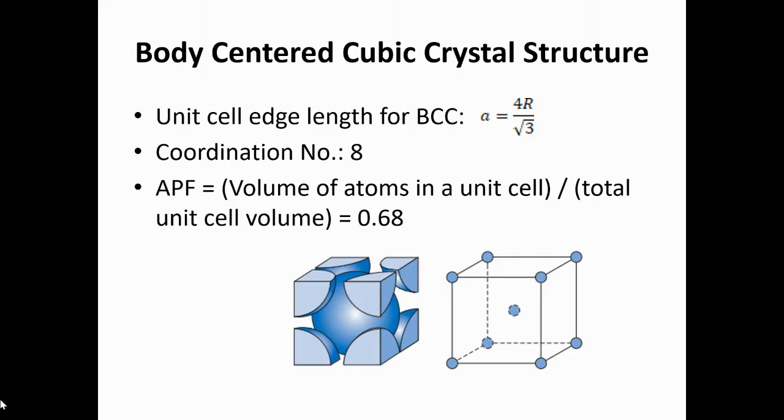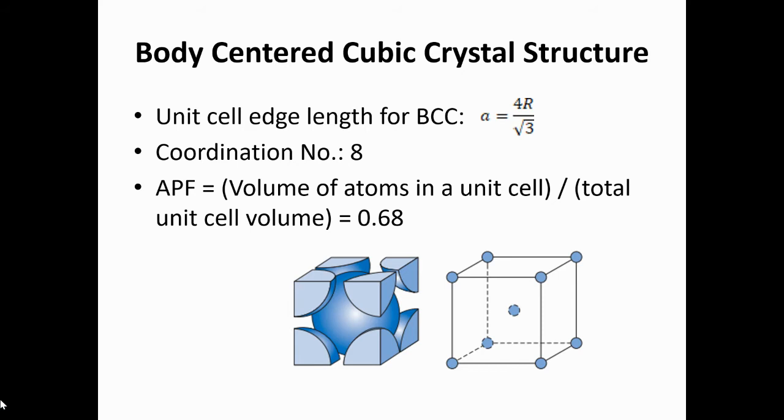The next cubic crystal structure is the body-centered cubic crystal structure. It has a cubic unit cell with atoms located at all 8 corners and a single atom at the cube center. That's why it is called body-centered cubic.